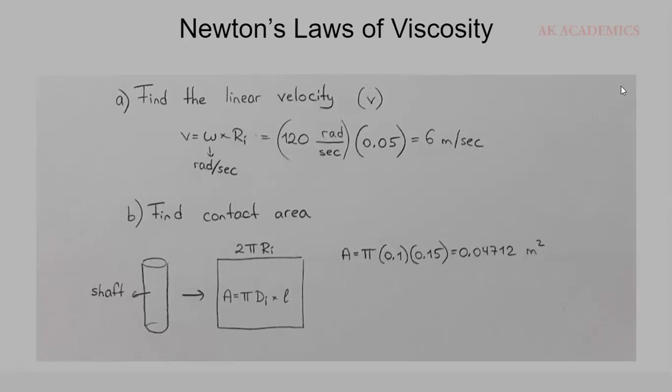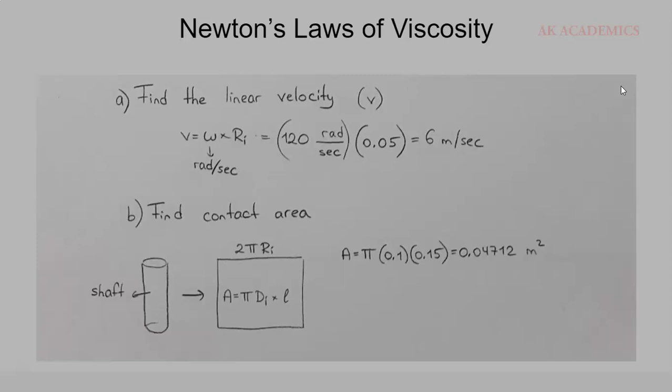We know our diameter to be 100, and then we know the length also to be 150 millimeters. So if you convert 100 millimeters to meters, it gives us 0.1. If you convert the length, which is 150 millimeters, to meters, it gives us 0.15. So the area will be pi multiplied by 0.1 multiplied by 0.15, and that gives us 0.04712 square meters.